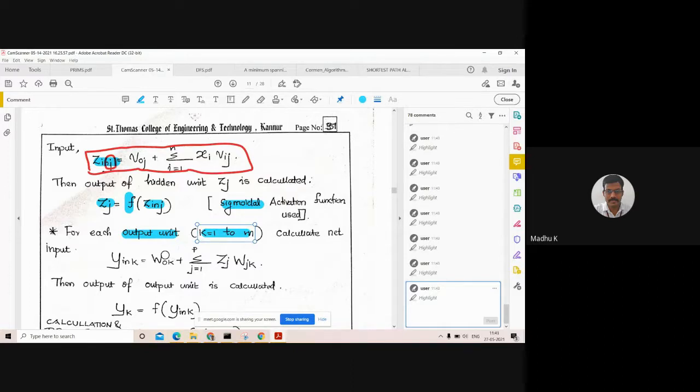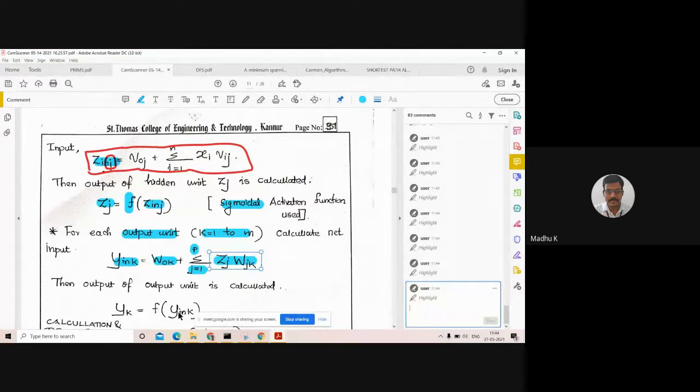The net input y_ink to the kth neuron is w0k plus sigma j equal to 1 to p zj wjk. Note that j varies from 1 to p because the hidden layer consists of p neurons.